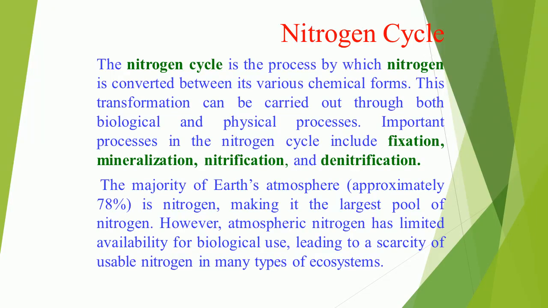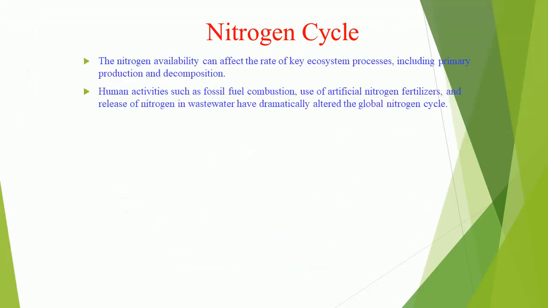The majority of Earth's atmosphere, approximately 78%, is nitrogen, making it the largest pool of nitrogen. However, atmospheric nitrogen has limited availability for biological use, leading to a scarcity of usable nitrogen in many types of ecosystems. The nitrogen availability can affect the rate of key ecosystem processes, including primary production and decomposition.